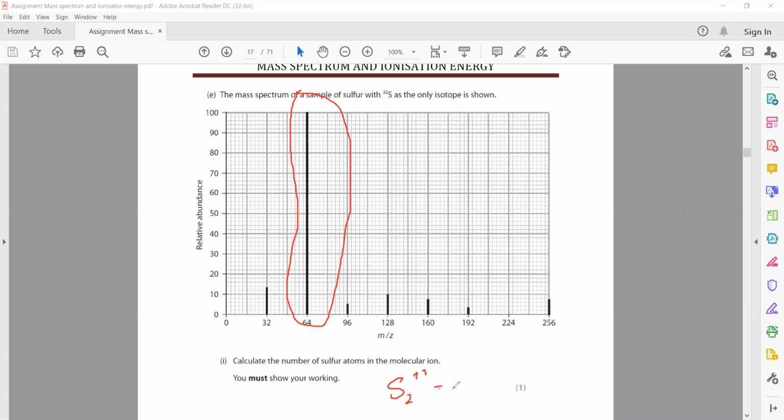So this is 32 multiplied by 2 divided by charge plus 1, so that's why it is 64, which we are getting at 100% relative abundance. So it is an S2 molecule.